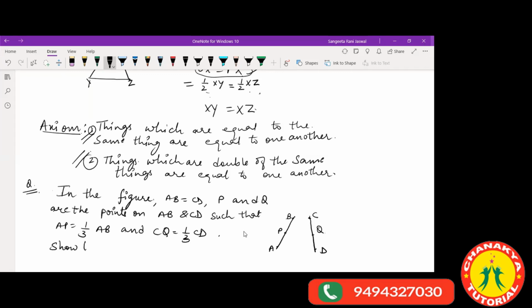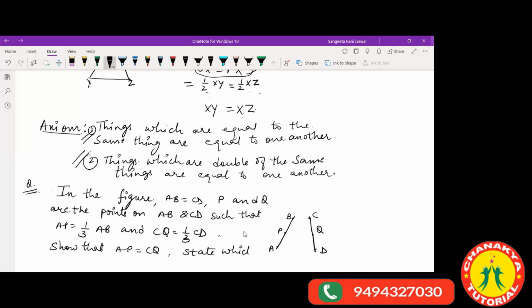Show that AP is equal to CQ. You have to show that AP from A to P is equal to CQ. State which axiom you can use here. Also give two more axioms other than the axiom used in the above situation. This question is asking for 3 axioms to be used.